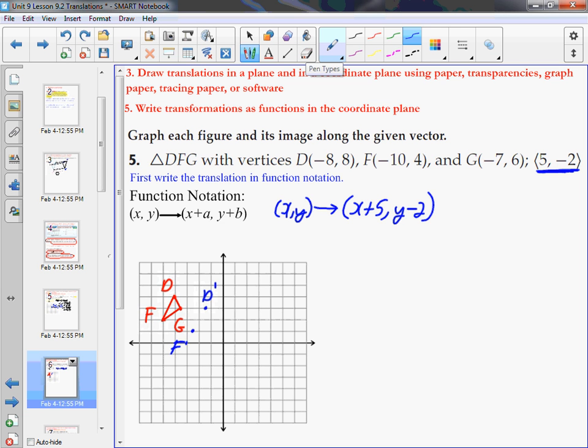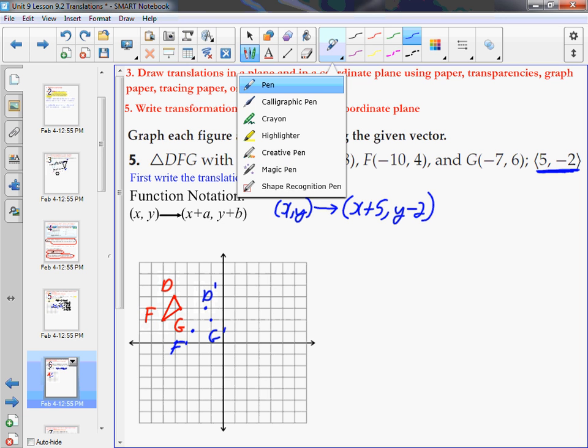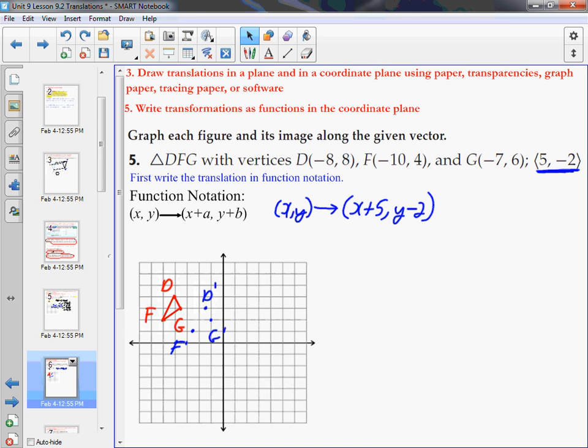And then for G, 5 to the right. 1, 3, 5, 2 down. It'll go right there. And let's see how close I came this time.